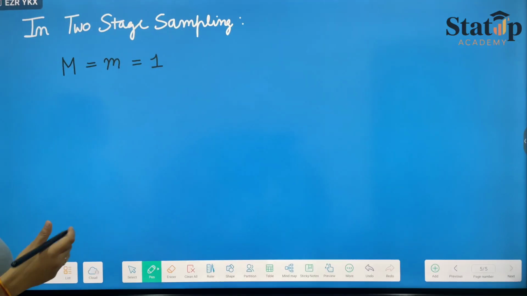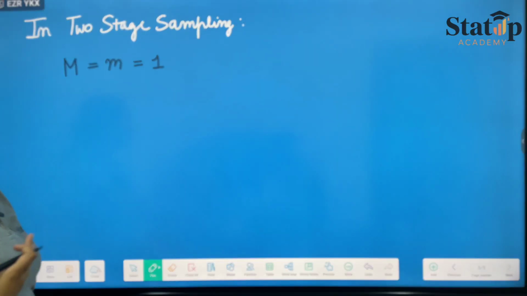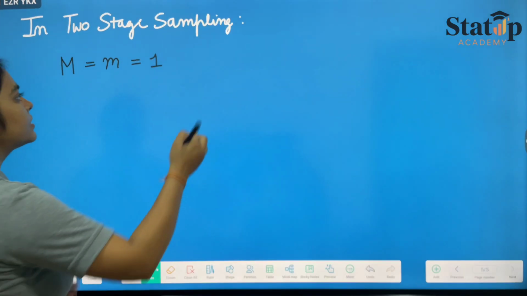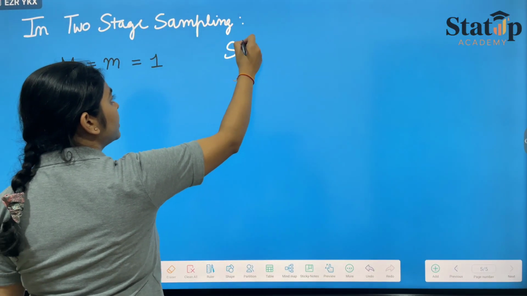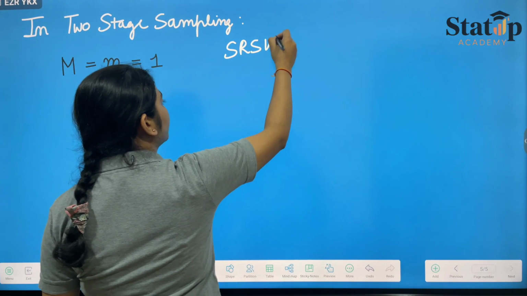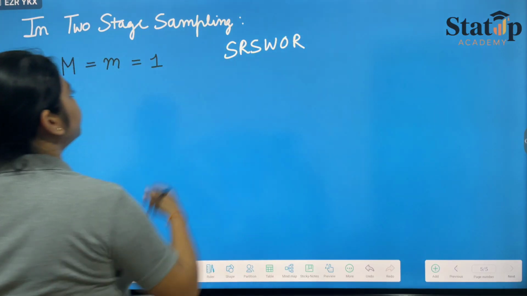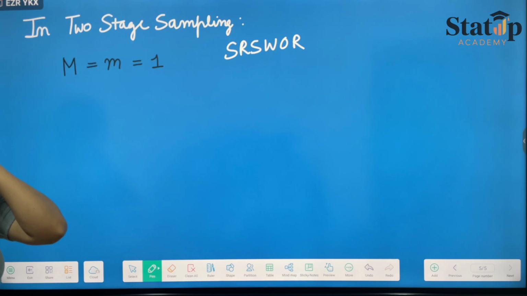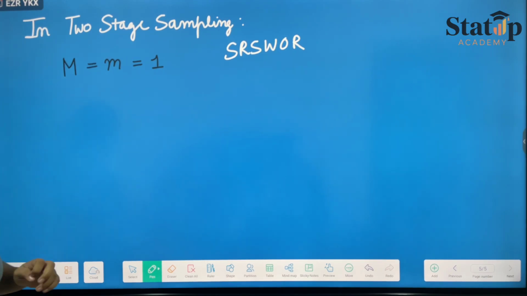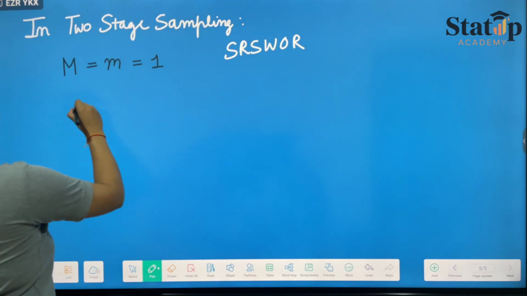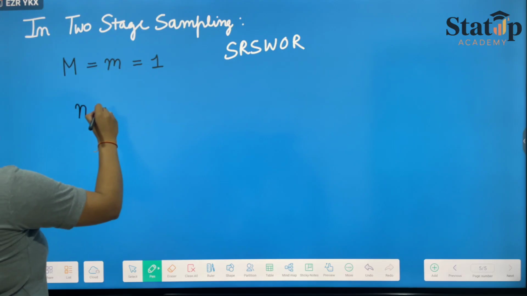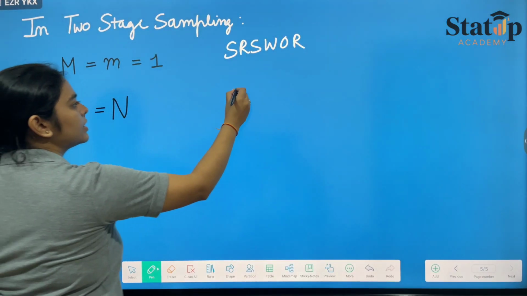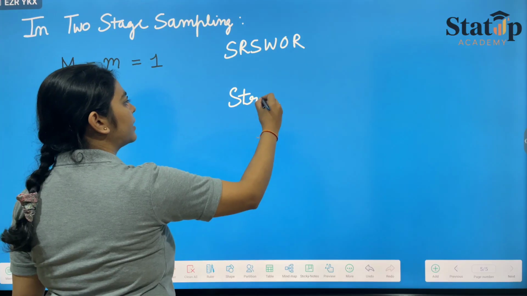Capital M was M units and small m was also M units. If we only select one unit from each cluster, then this case is nothing but simple random sampling without replacement. Two-stage sampling converts to simple random sampling without replacement. And if small n is equal to capital N, then this is the case of stratified random sampling.